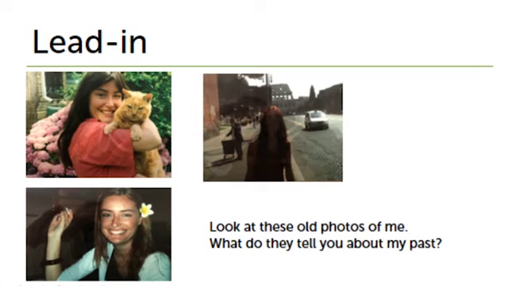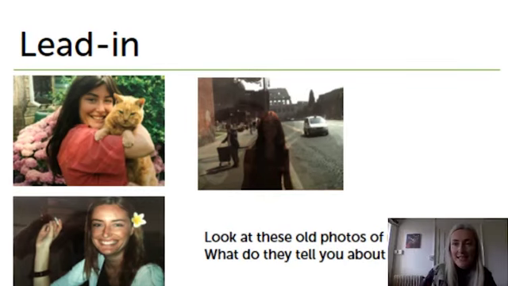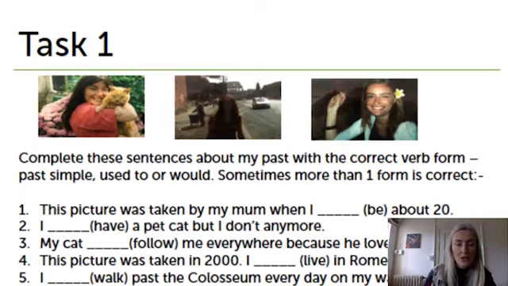I know. Let's have a look at the next slide, and I'd like you to complete the questions about me, about my past, using the correct verb form. So there's a verb in brackets, and you have to decide if you're going to use the past simple, used to plus the base form, or would plus the base form, and sometimes more than one form is correct.